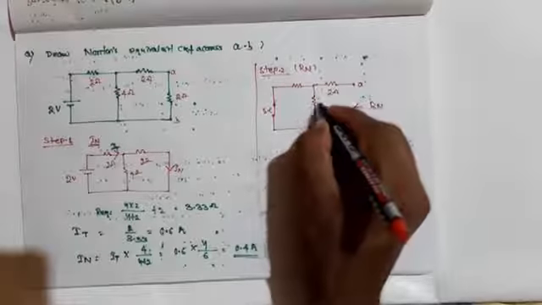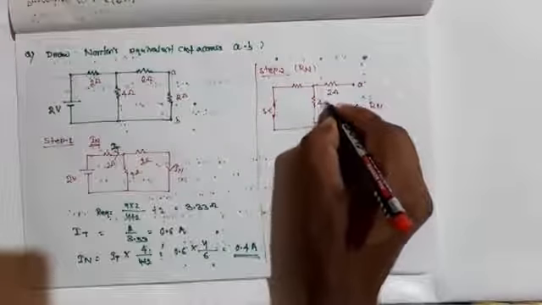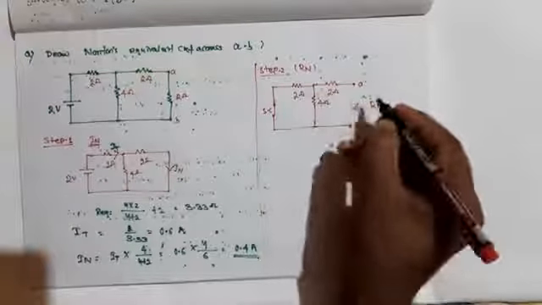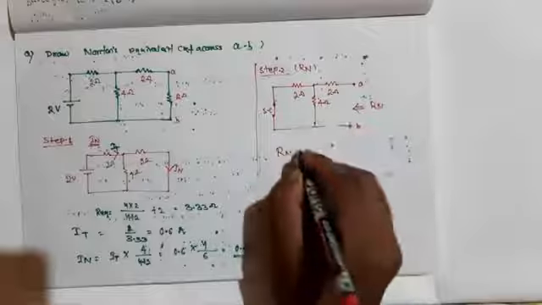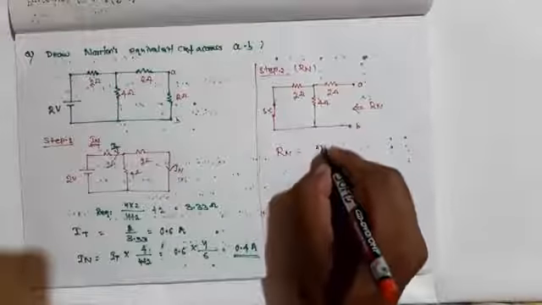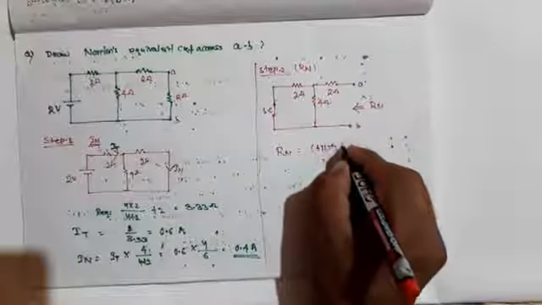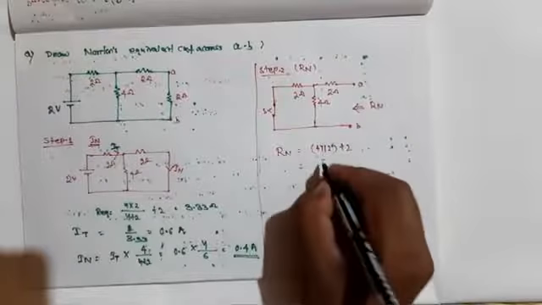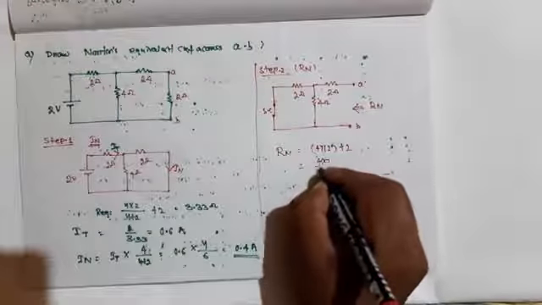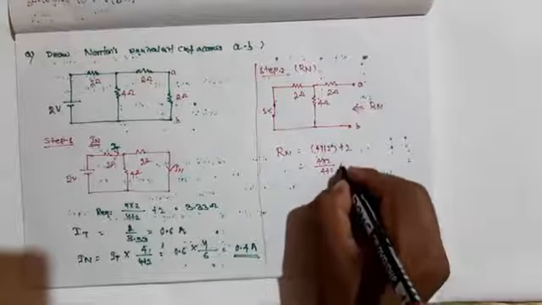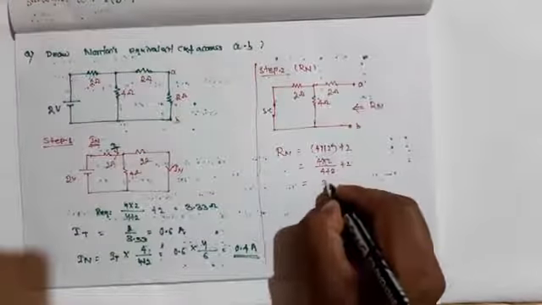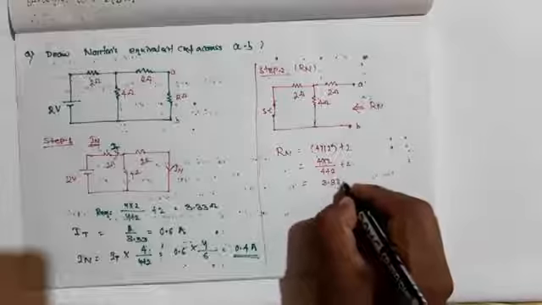This is 2 ohm, this is 4 ohm, this is 2 ohm. RN equals 4 parallel 2, then plus 2, so 4 into 2 divided by 4 plus 2, plus 2, which is 3.33 ohm.